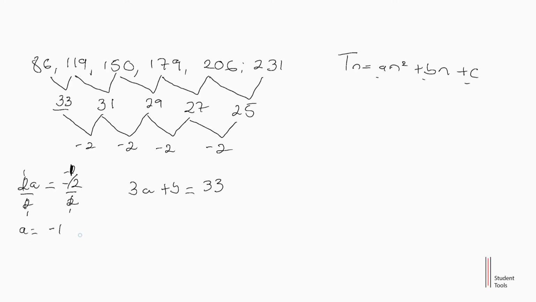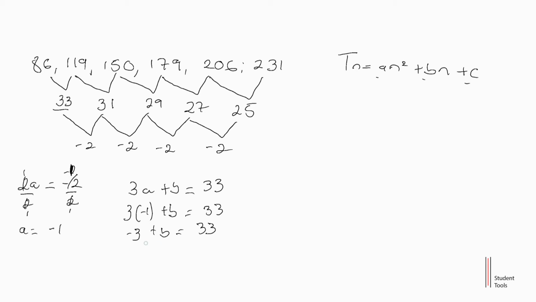Since we know the value of A, we can then substitute the value of A with a negative 1. So here we will have 3A, so we will substitute with negative 1 plus B equal to 33. So here now we have minus 3 because it's 3 multiplied by negative 1 plus B equal to 33.